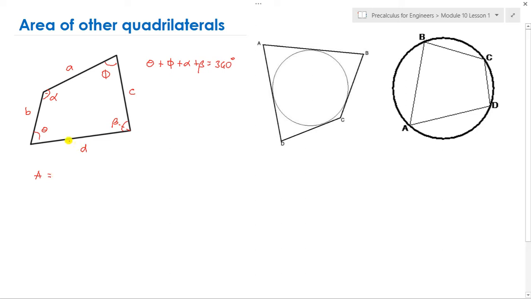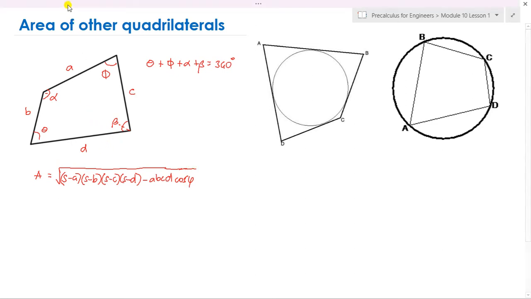So the area for a general quadrilateral is equal to the square root of s minus a times s minus b times s minus c times s minus d, minus the product of these four sides, that is a, b, c, d, times cosine squared of gamma.